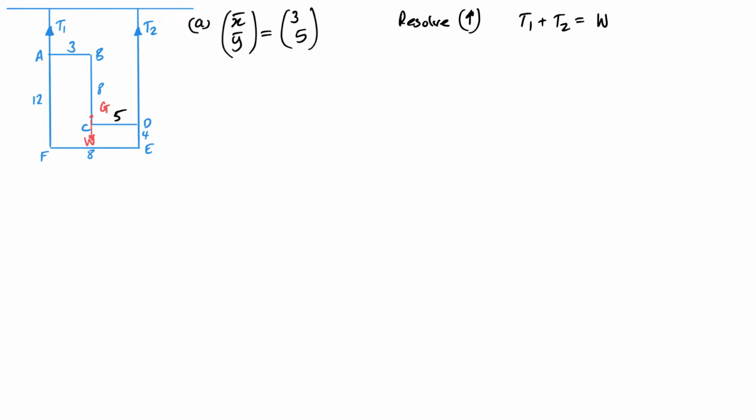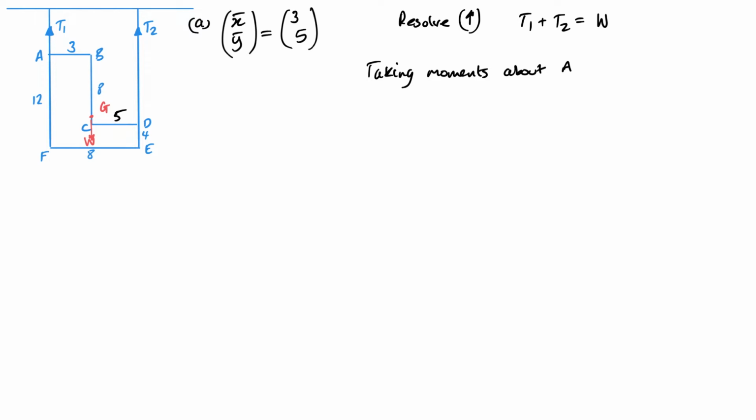Once I've done that, then I want to take moments. Now you want to take moments about either A or D so you can get rid of one of your tensions. So let's take it about A. If I look at where my W is, that is a perpendicular distance of 3.